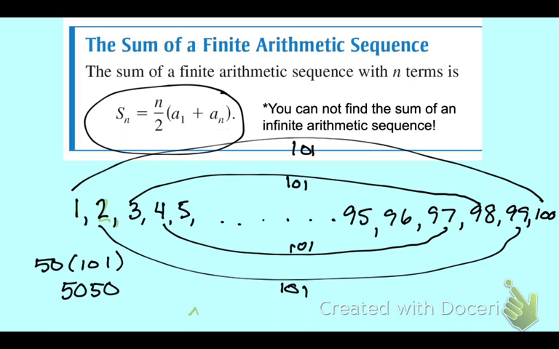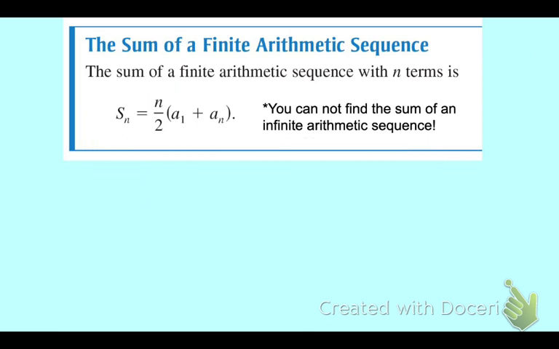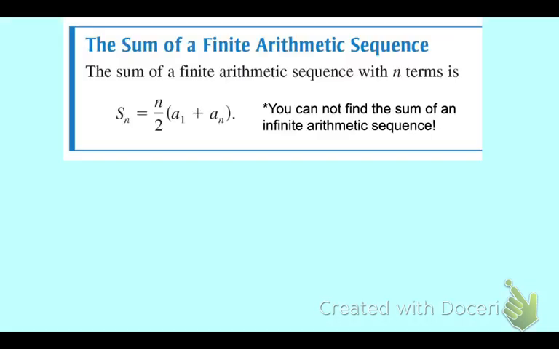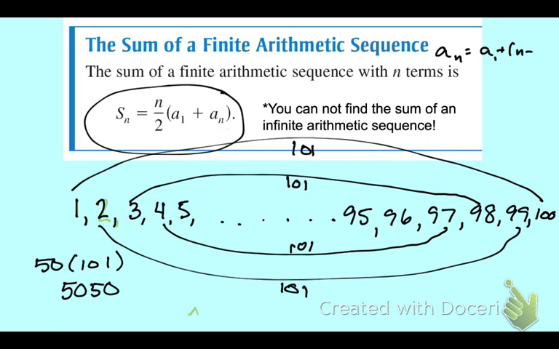So A sub n and A sub 1 are the same exact things as in this equation. I get too close to this arrow over here and it shuts off. 1 times D. Okay. But N is different.